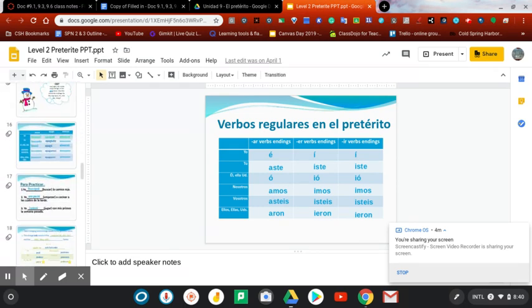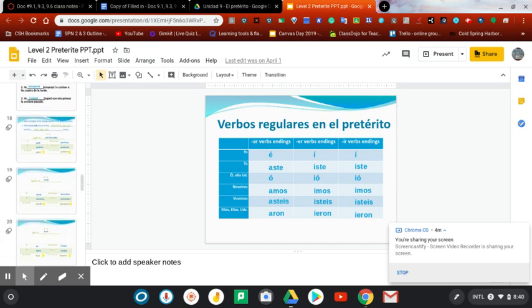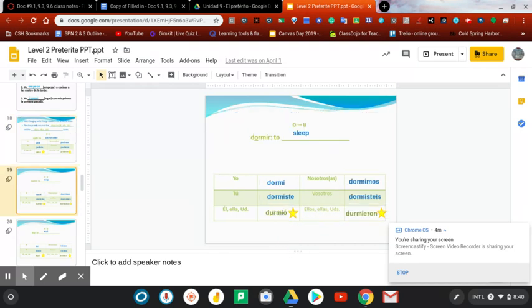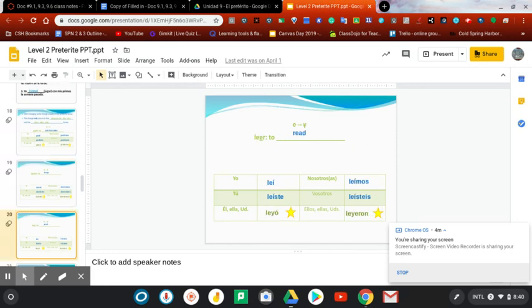In addition to the car, gar, zar, we also went over the stem changers, which we called sandal verbs or slipper verbs, because the change happens in the él, ella, usted and the ellos and ustedes. So you have e to i. You could have an o to u, like dormir. There's also this y group, like leer.